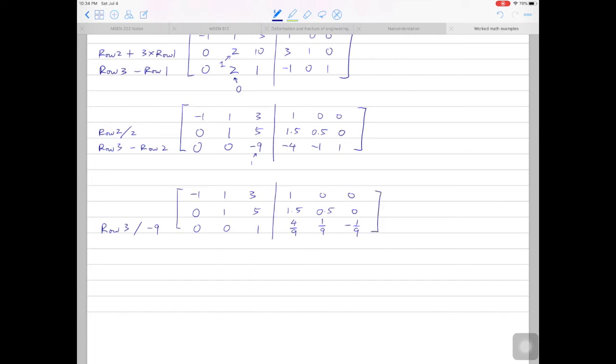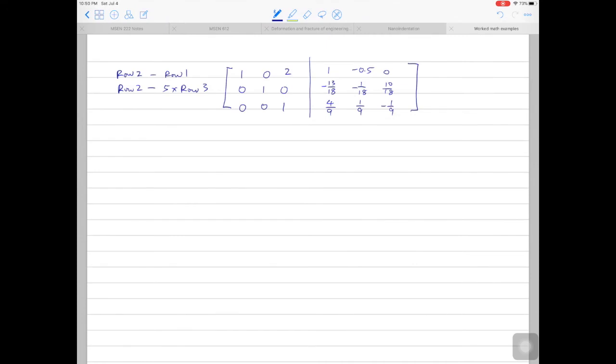Next, let's make this into 0. To do that, we can use row 2 minus 5 times row 3. What we get is row 3 is already in the form of the identity matrix. And for row 1, we can get rid of this entry by doing row 2 minus row 1.